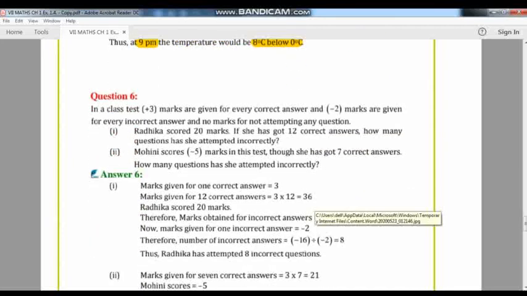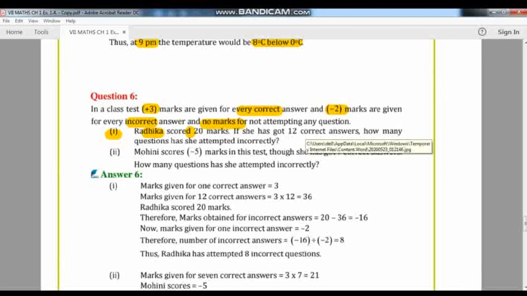Coming at question number 6, it is said that again in a class test there is plus 3 marks for every correct answer and minus 2 marks for every incorrect answer, and no marks for not attempting. Now in the first question, Radhika has scored 20 marks, and if she has given 12 correct answers, then we have to find out how many incorrect answers she has given.